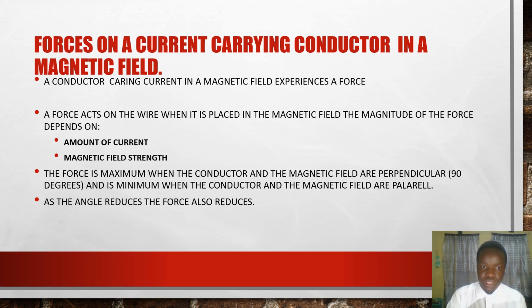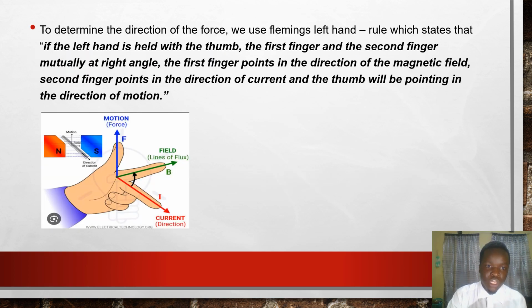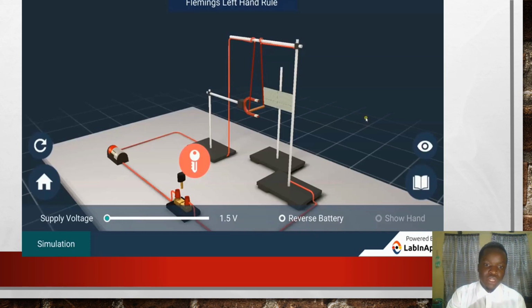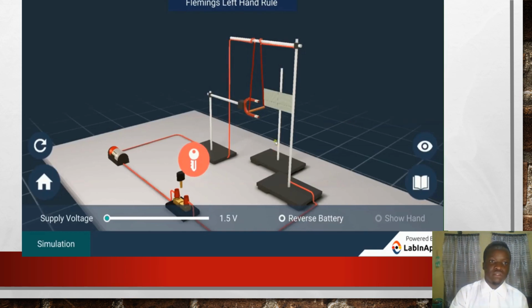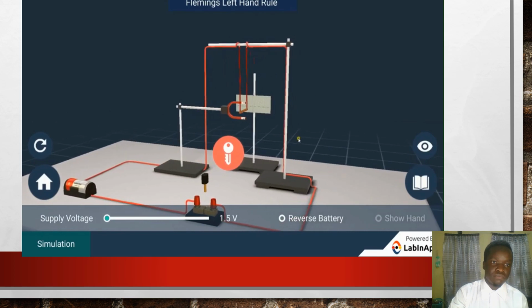A force acts on the wire when it's placed in the magnetic field, and the magnitude of the force depends on the amount of current and the magnetic field. Also, we'll be able to look at Fleming's right hand rule. Later on, we'll be looking at how motors work. Thank you. We have studied that an electric current carrying conductor produces a magnetic field.